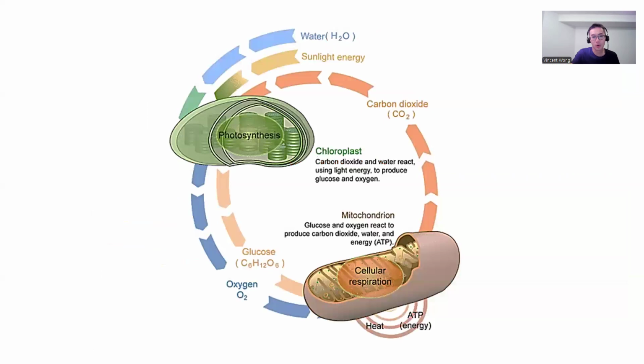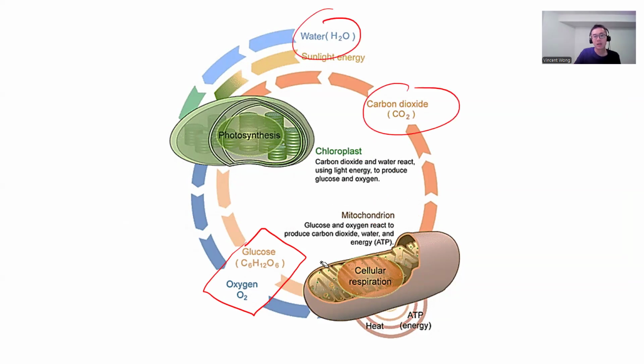What you should know though is the relationship between the reaction that goes on in the mitochondria versus the reaction that goes on in the chloroplast. Okay. Specifically, you can see in the mitochondria, that's where cellular respiration takes place, and the ingredients, the reactants, are glucose and oxygen. And then you produce carbon dioxide and water. But the products of cellular respiration become the ingredients for photosynthesis.